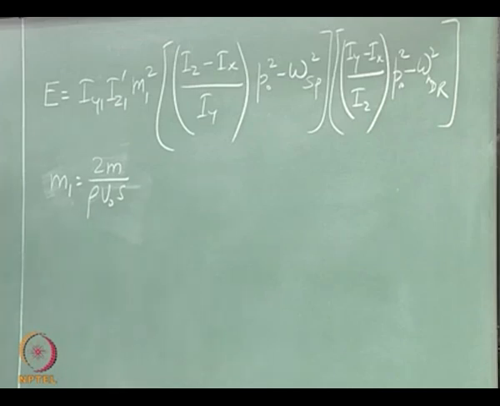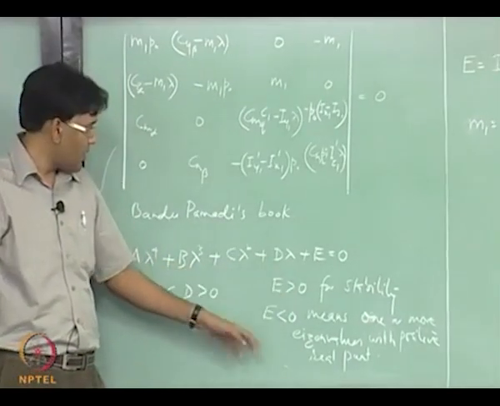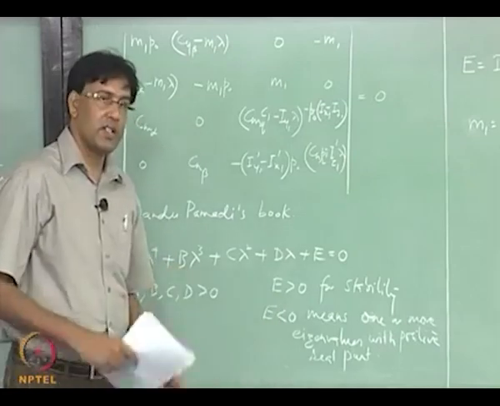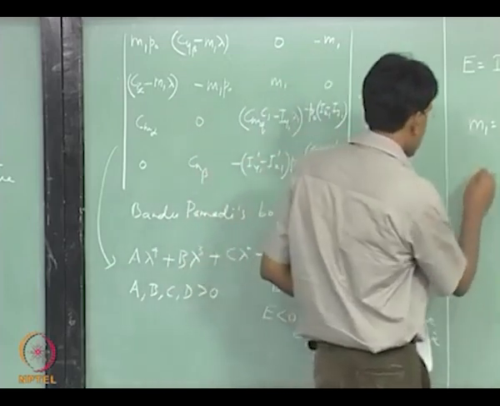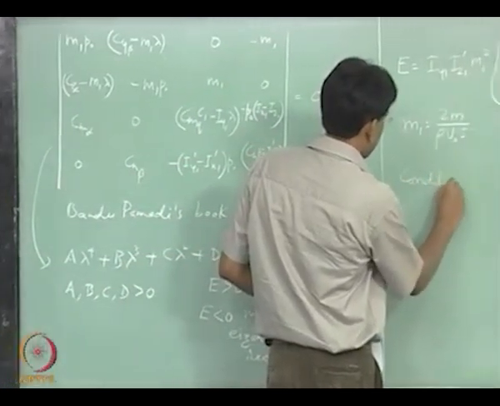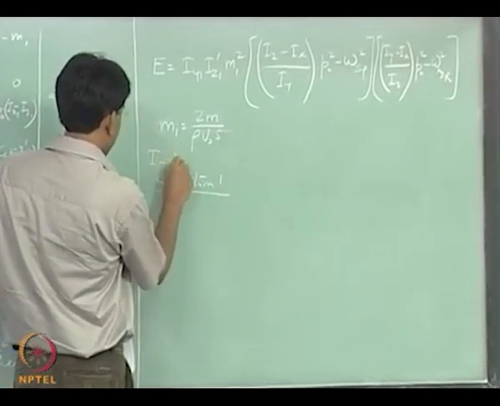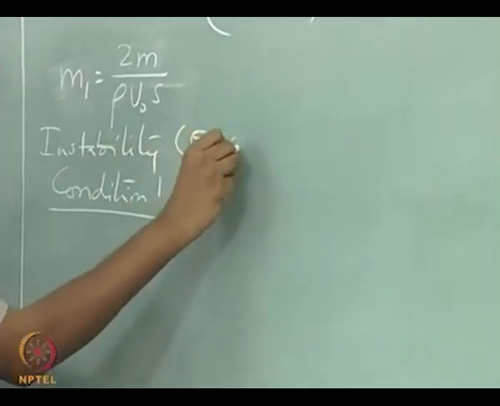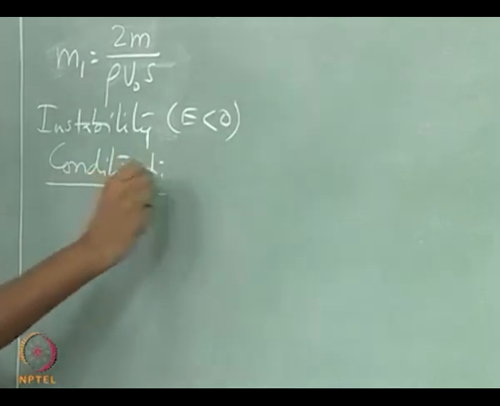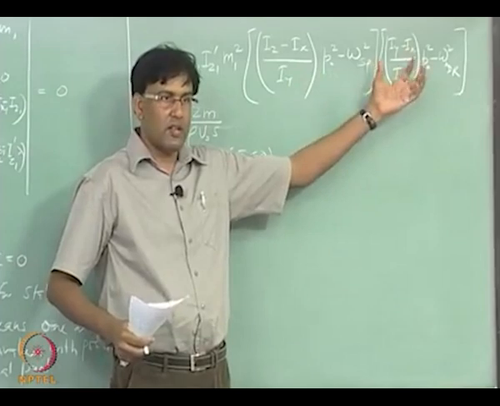Okay. So, now use this criteria for instability or stability, right. Stability criteria is that E should be positive and for instability E should be less than 0, right. So, there are two conditions now. The condition 1 for instability, so one of these terms should be negative, right.